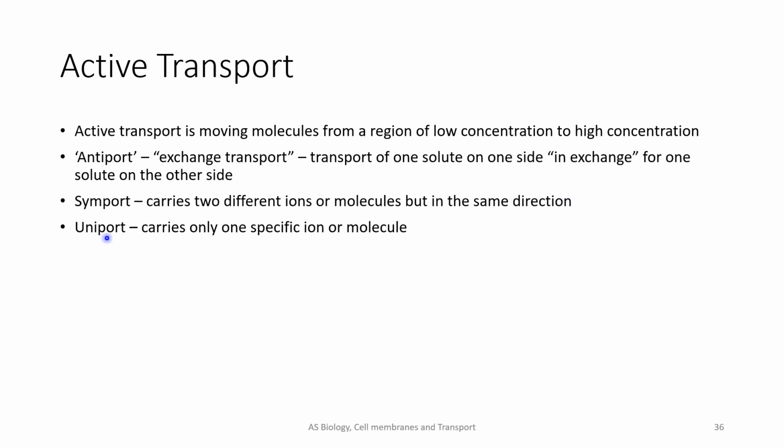And we have a uniport, which carries only one specific ion or molecule. So these ones are specific to the molecule that they carry. They only carry one type of molecule or ion. So these all use active transport. They all need energy to move these larger polar molecules across the cell membrane.